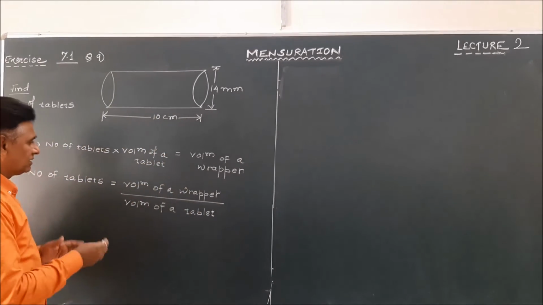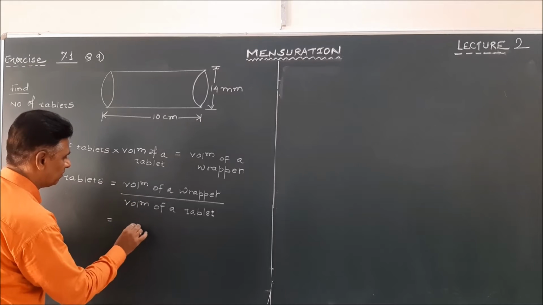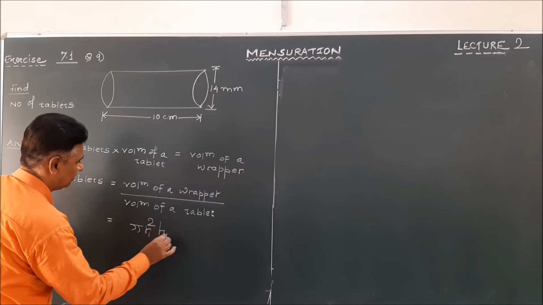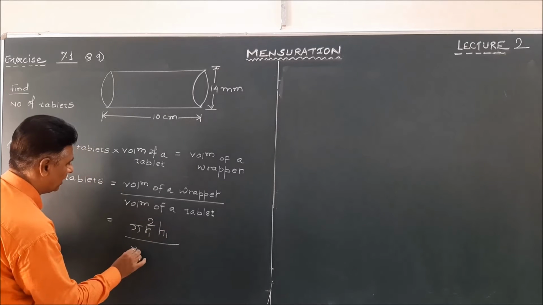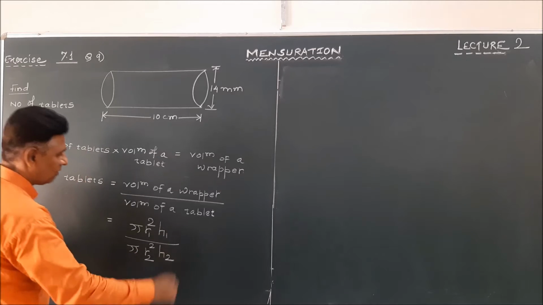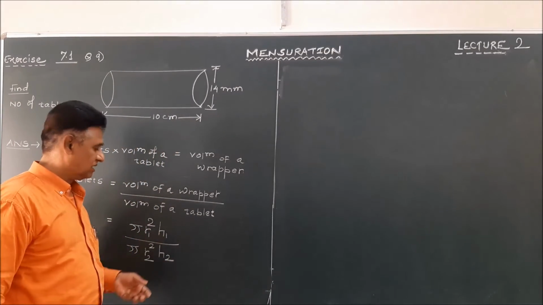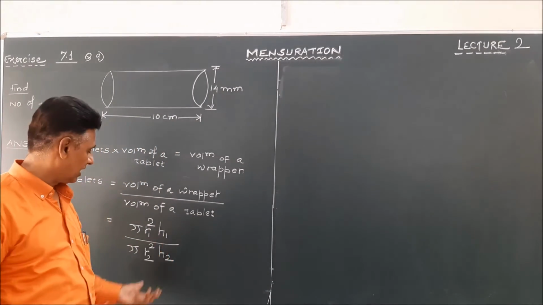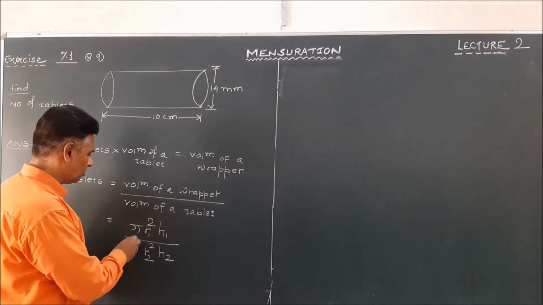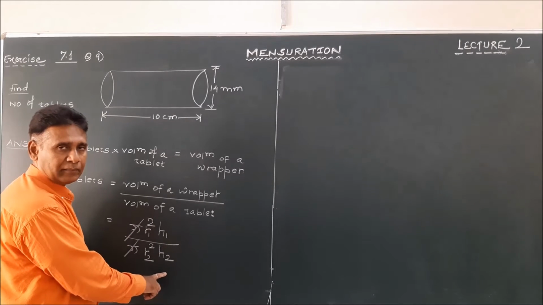So you will find the volume of a wrapper is pi r square h1 upon pi r square h2. By now you must have understood why I have taken r1 and h1, and r2 and h2, to keep them different, because their dimensions are not the same. This is for the wrapper, this is for the tablet.